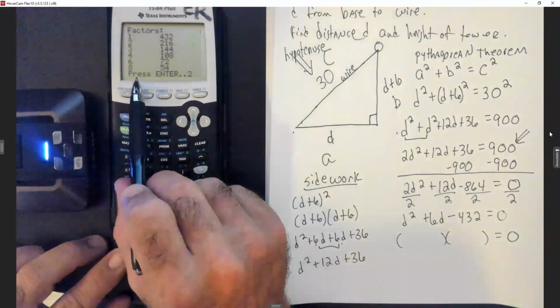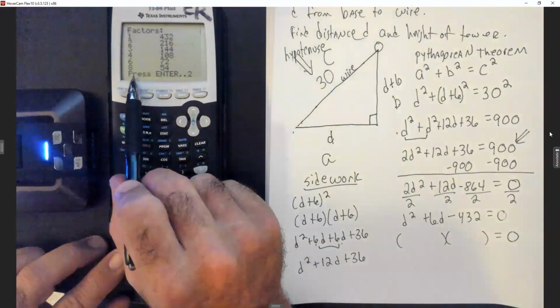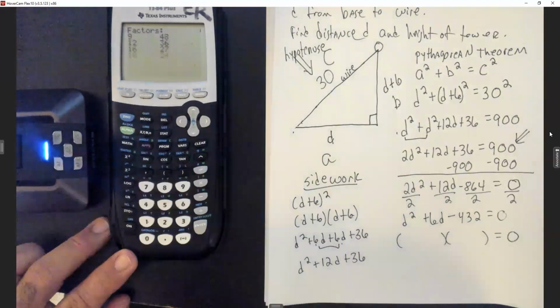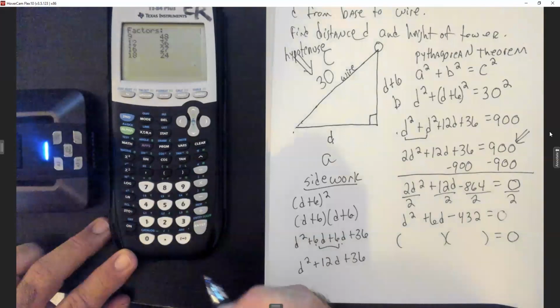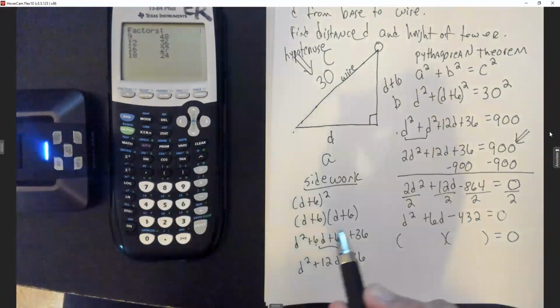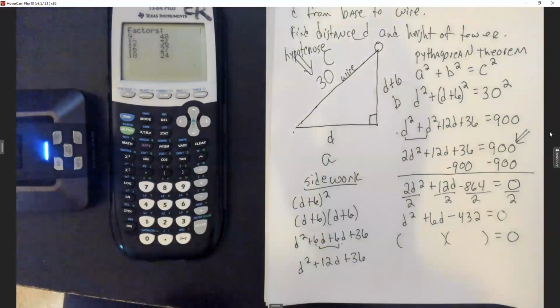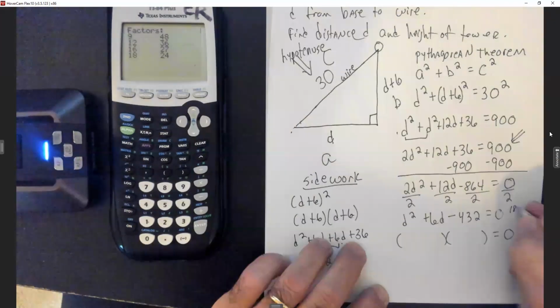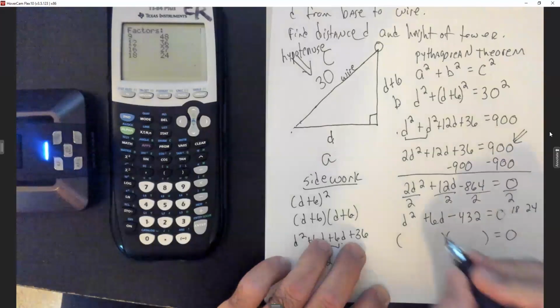Smallest one I got is 8 times 54, so I'm going to hit enter to get more factors. So I got 9 and 48, 12 and 36, no. 16 and 27, no. But look at that, 18 and 24. 18 and 24 subtract to get a 6.